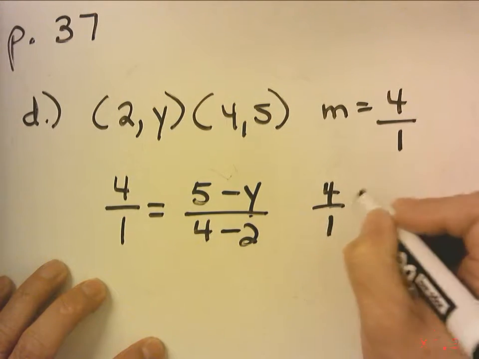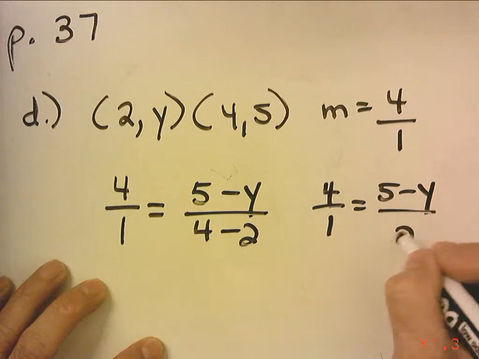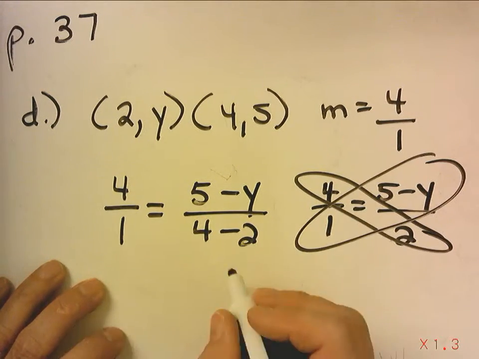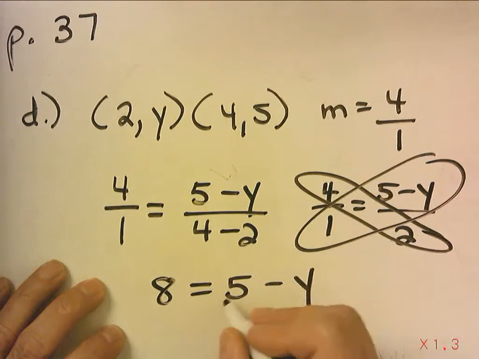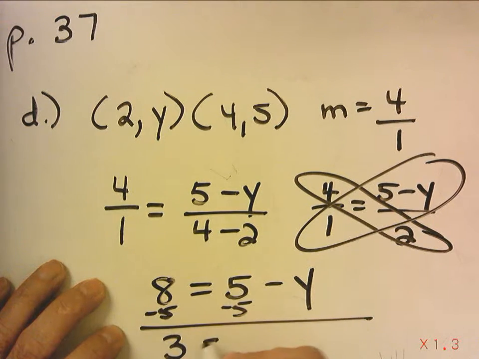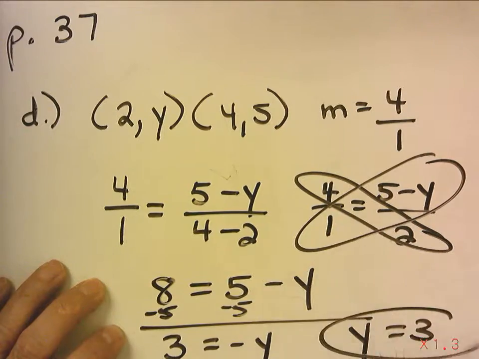I can simplify. 4 minus 2 is 2. And now I apply the cross product property rule. So 8 equals 5 minus y. Subtract 5. I get 3 equals negative y, which means y equals 3.